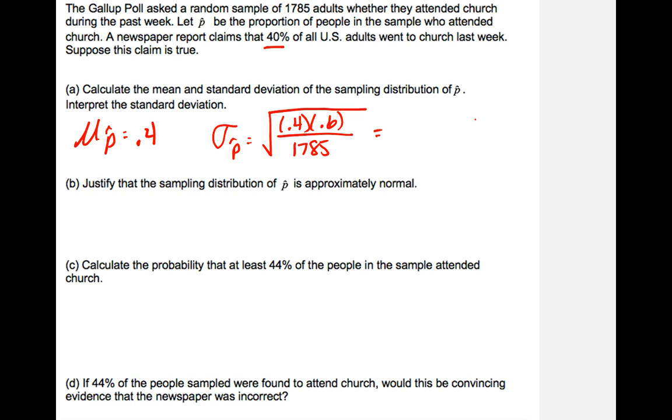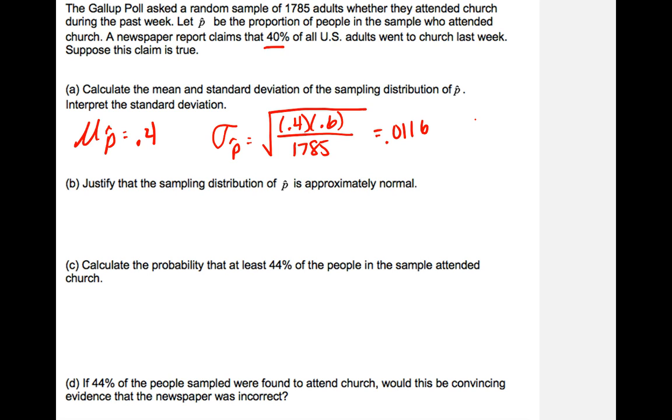So if I type that into my calculator here real quick, I get 0.0116. One thing that I do want to mention here with these calculations, this value under the radical does get really small with a lot of these calculations.